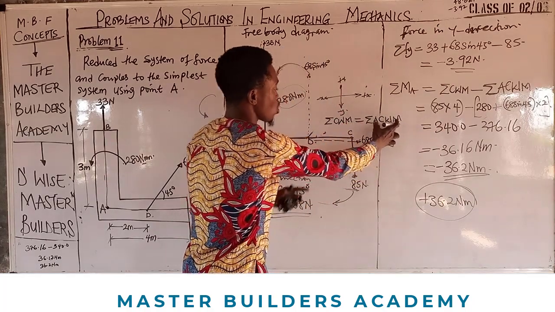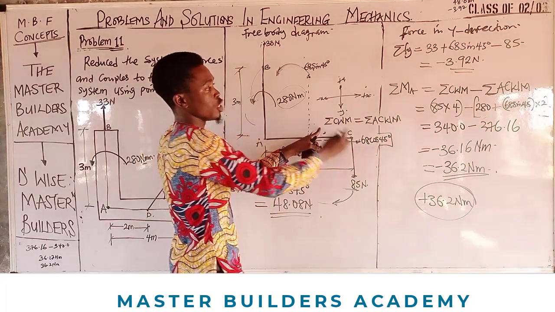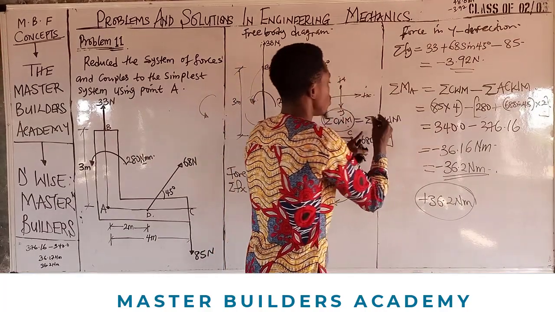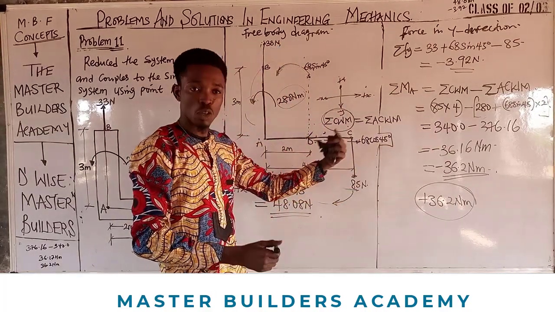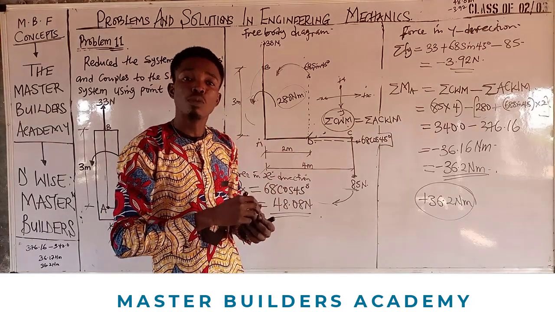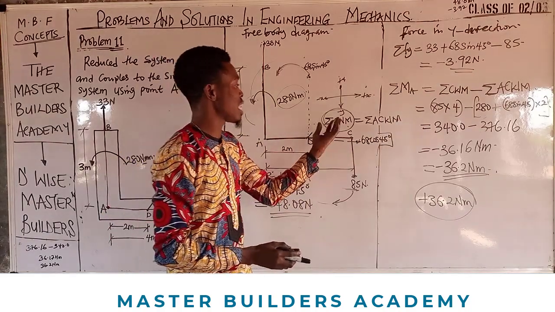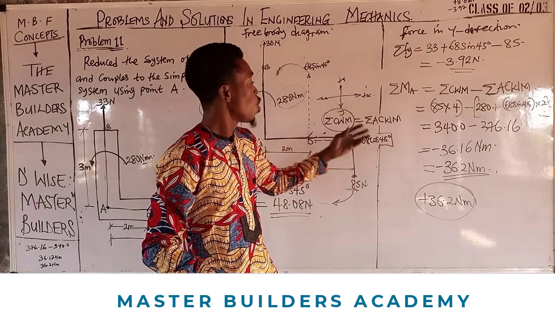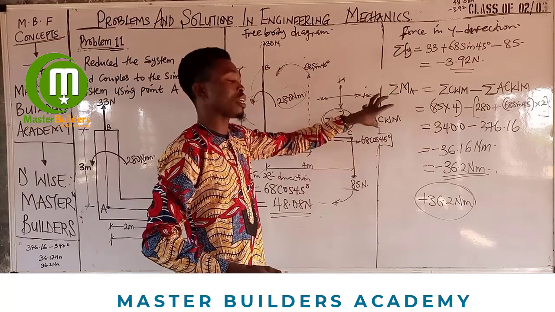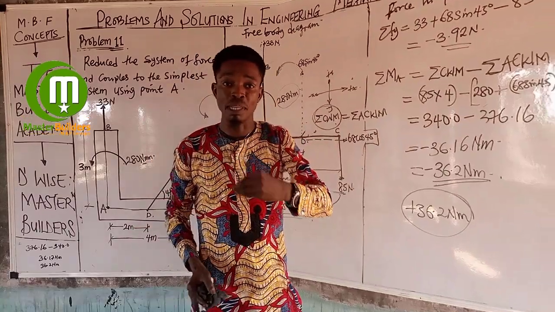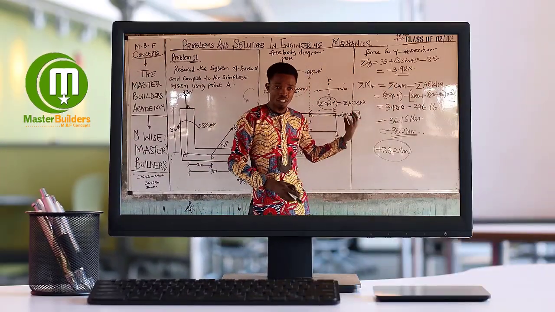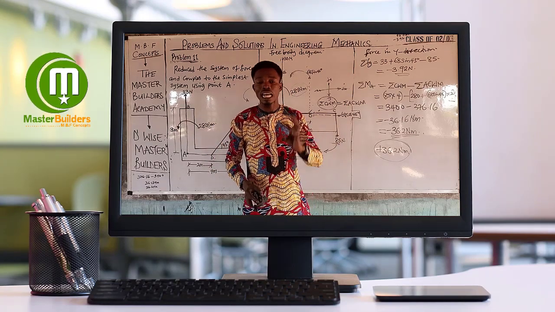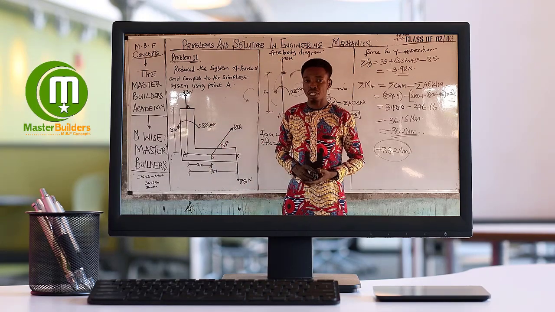So if you take anti-clockwise moment to this end, you will have this. You now decide to take this one to this end, you will have anti-clockwise minus clockwise. So you just find out that you will actually have the same thing. So it's either you take this one to the right hand side so that you have your MA here, or you take this one to this other side where I have the NA here, and this was the assumption we made. So when a positive value crosses the sum of the equality, either from left to right or from right to left, the sign changes to its opposite sign.